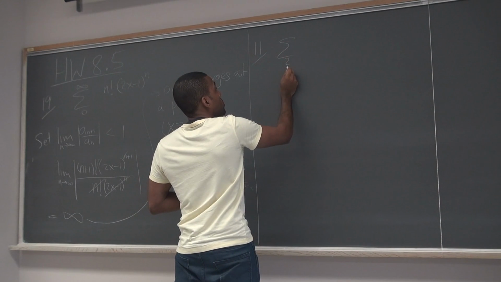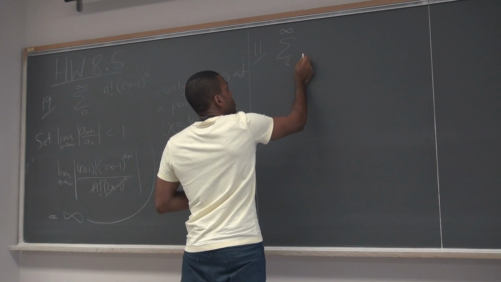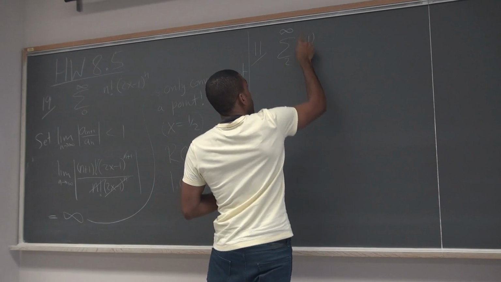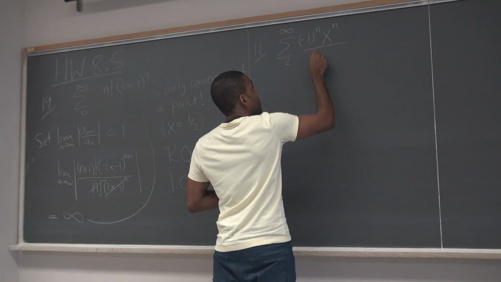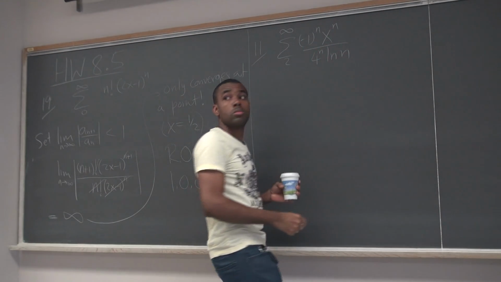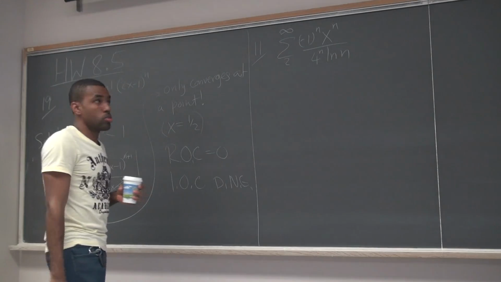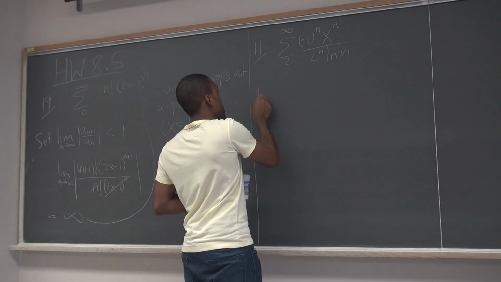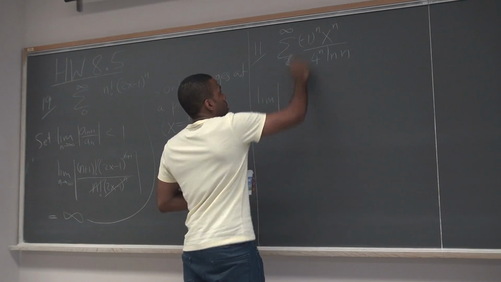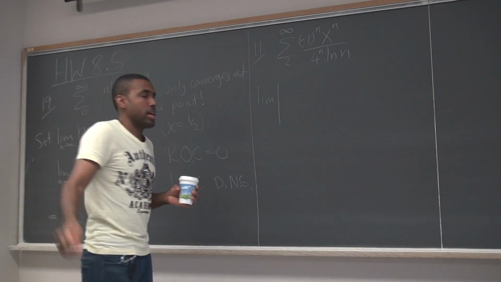Two. I assume radius of convergence again? Yeah, so same thing. We're going to find that limit. These guys you can essentially ignore because we're throwing them into absolute values anyway.